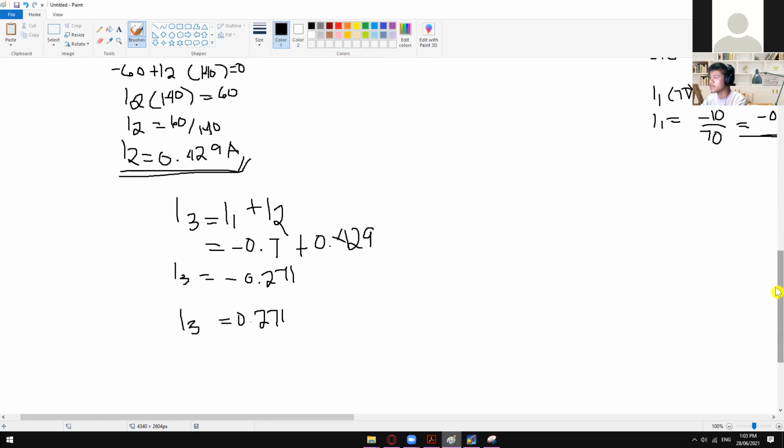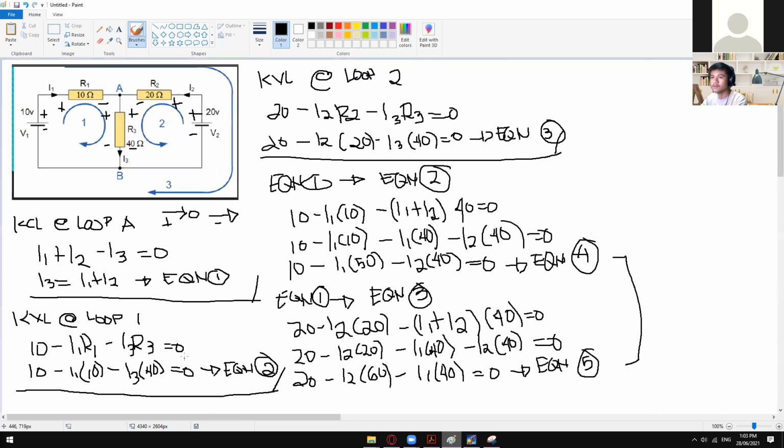0.271. So meaning this I3 right here is also incorrect. Instead of leaving, this one is actually entering. So that's the correct assumption when it comes to the polarity of I3. So we have I1 entering, I3 entering, and then I2 leaving.